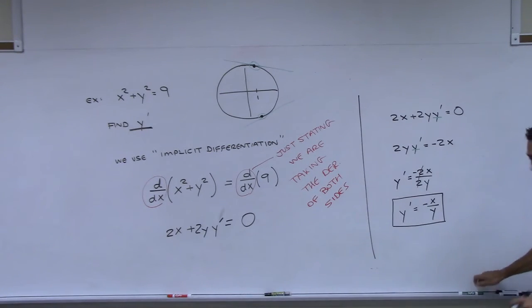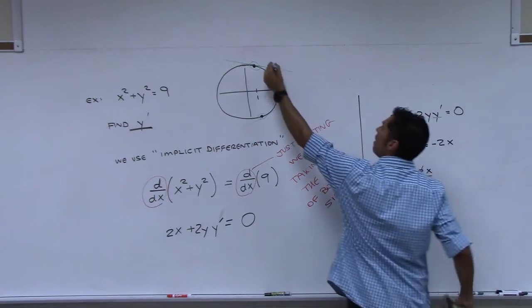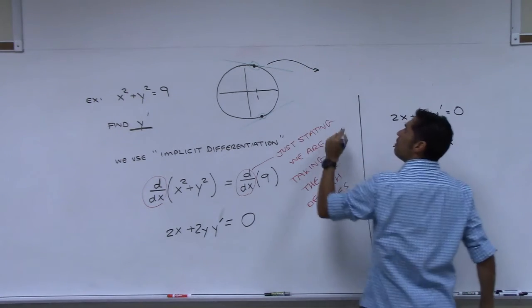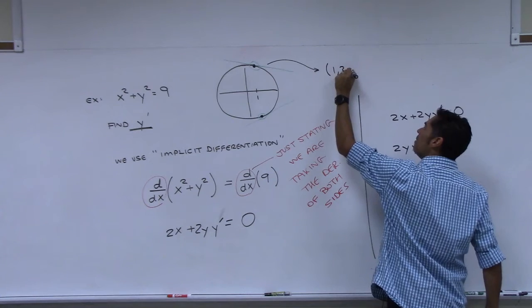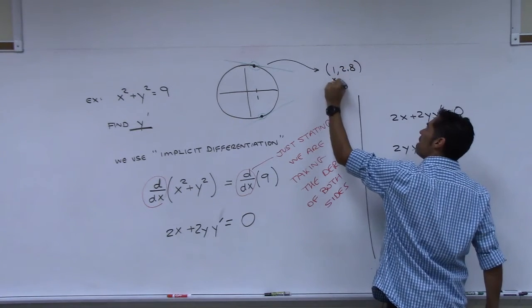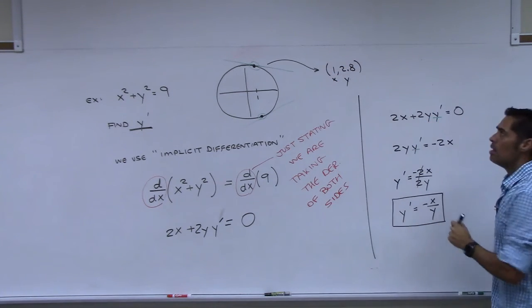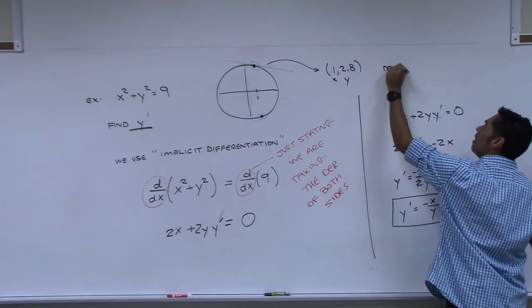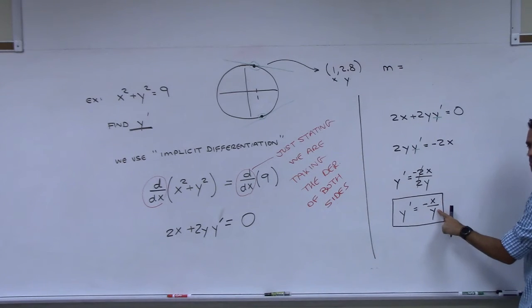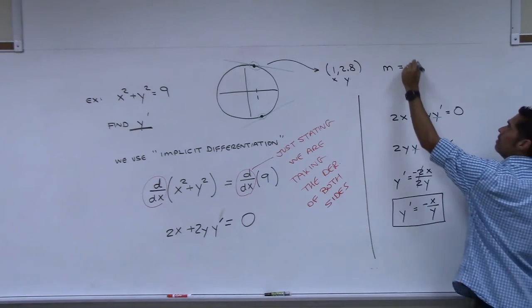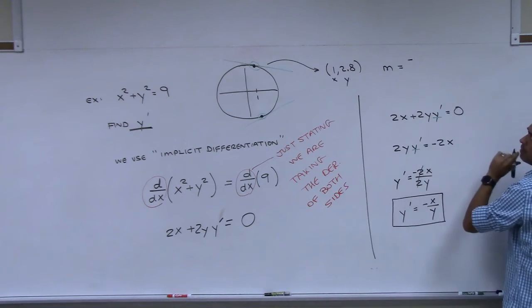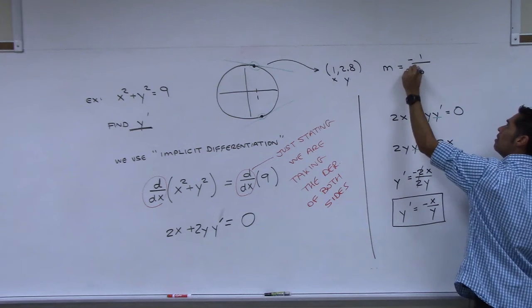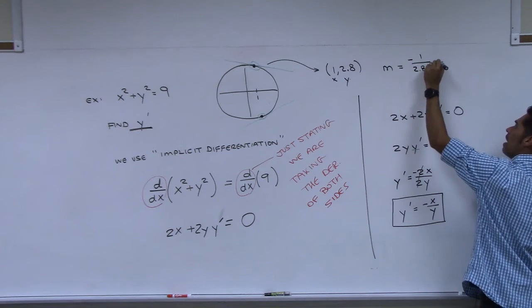Okay, so let's try it. What is the slope of the tangent line here? Well, what's the point? What was that point again? It was 1, 2.8. That was our x, that was our y. So what is the slope of the tangent line there? It's negative what? Negative 1 over 2.8. And someone do that on the calculator.